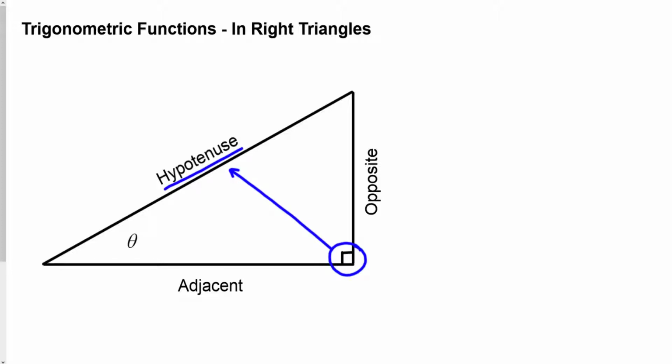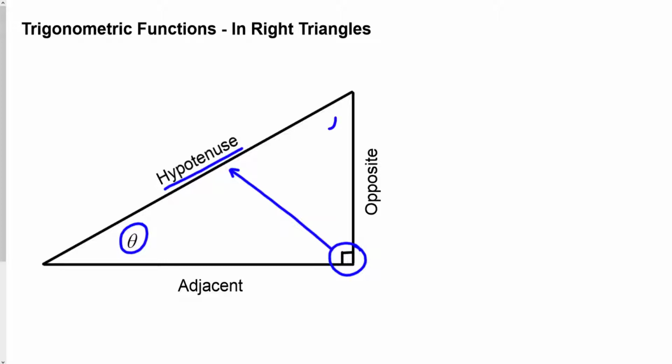So basically, in any right triangle, you have a hypotenuse, which is probably the more important side. It's the easiest to identify because it's always going to be the longest side. And opposite and adjacent sides, you just have to determine those based off of what your observed angle is.